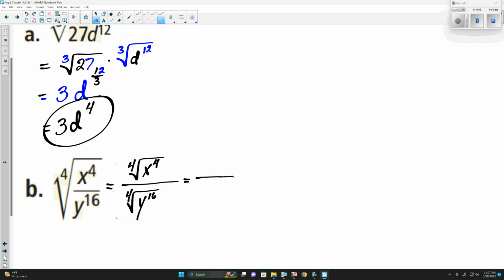Because the fourth root of x to the 4th would be what? X. Because if the index, the root, and the exponent are the same, they cancel each other out. If we wrote it as fractional exponents, it'd be x to the 4/4. And the 4/4 would simplify to 1, so we just have x.